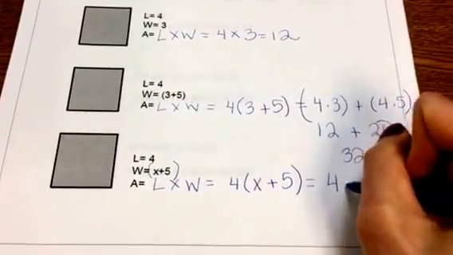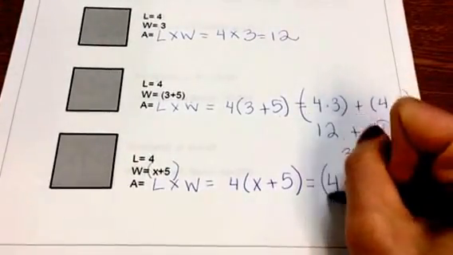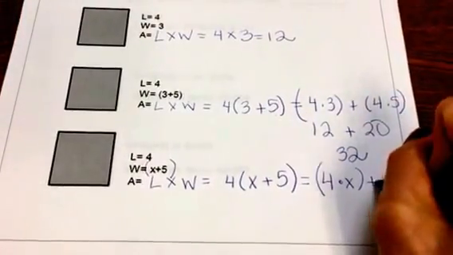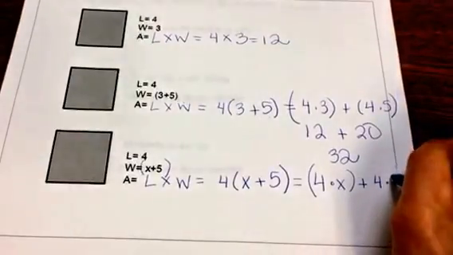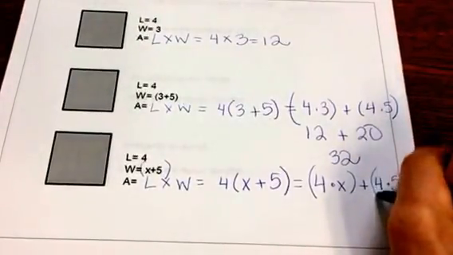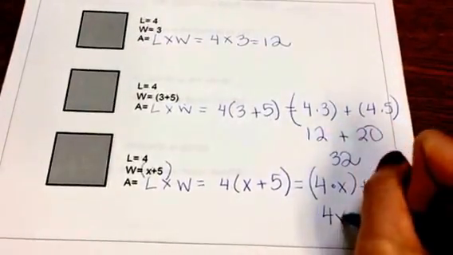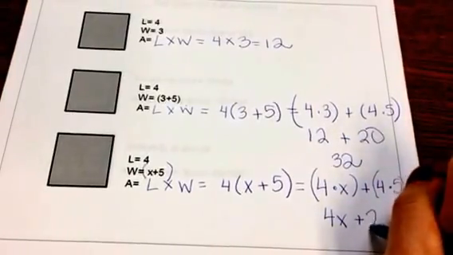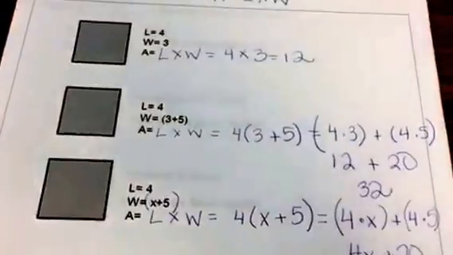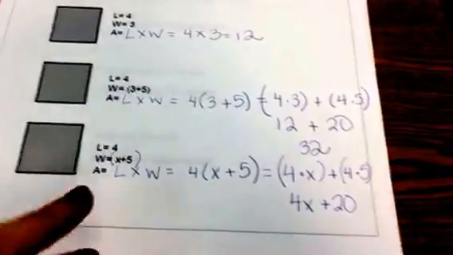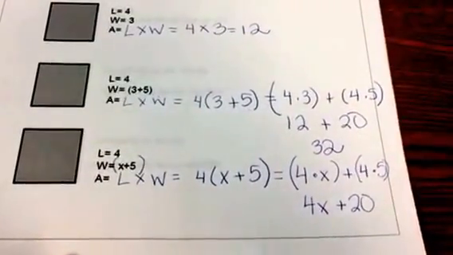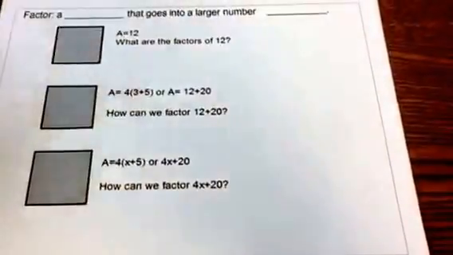So now we have 4 times x plus 4 times 5, which is equal to 4x plus 20. So what I've done here is I've applied my knowledge of area and the distributive property.